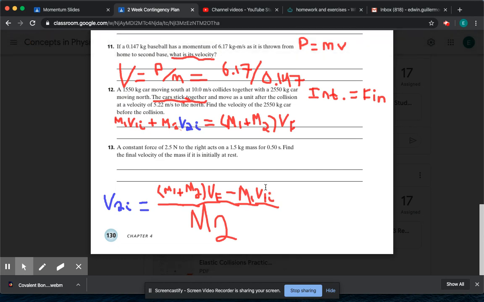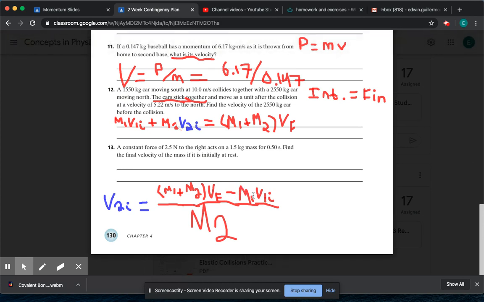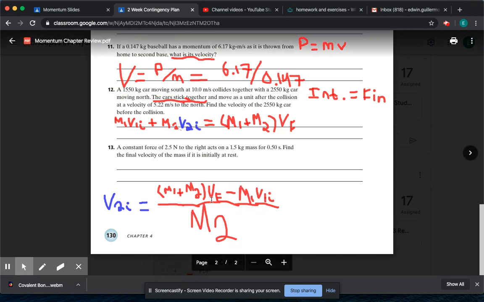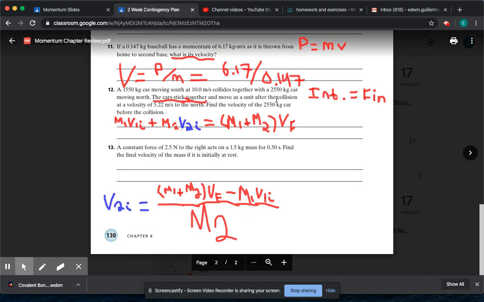So when you plug in this negative 10, you're actually going to end up adding these two numbers together because a positive multiplied by a negative is going to give you a negative number. And then subtracting a negative number is the same thing as adding a positive number, okay? So just know that when you plug those numbers in, these two values, the one on the left and the one on the right, you're going to end up adding them together. And then we know M2 again in the bottom is going to be 2,550.